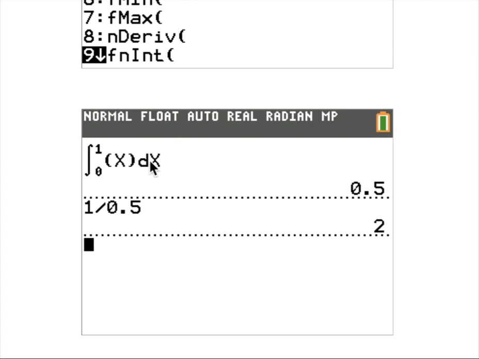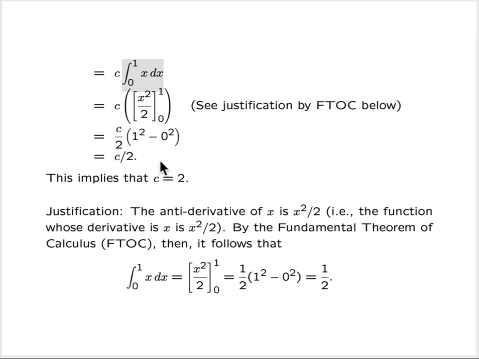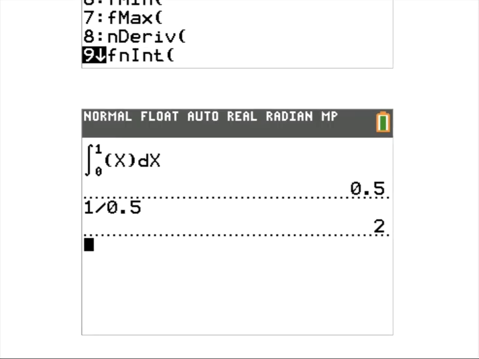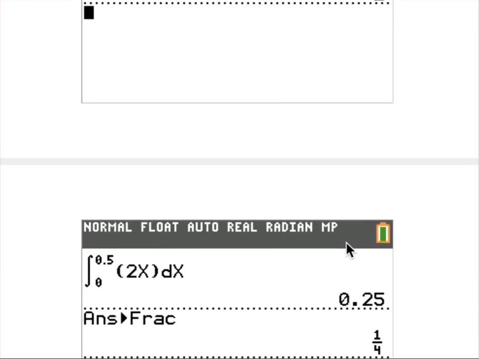Then you scroll over using the arrow key and enter X in that position as well. When you do that, you get 0.5 or 1/2, which is what we got before, without the C. Then we need to solve this equation for C, and that's how we got 2. So this shows you how you can do that kind of calculation on the TI-84 calculator.